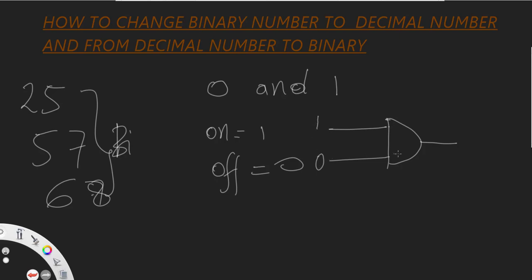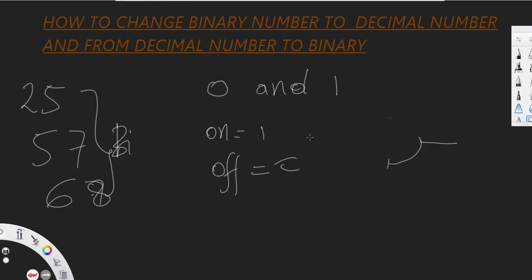Where we have a 0 and a 1, what will happen there? Let me give you a simple example so you can understand. When the circuit is open, there will be a light over there.